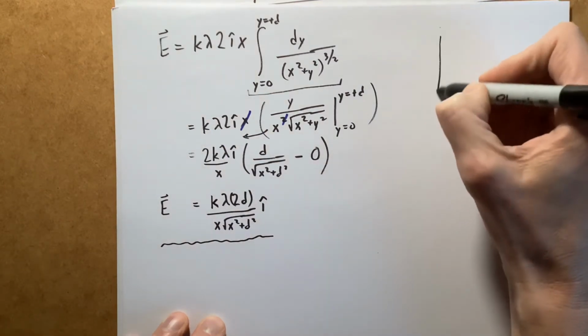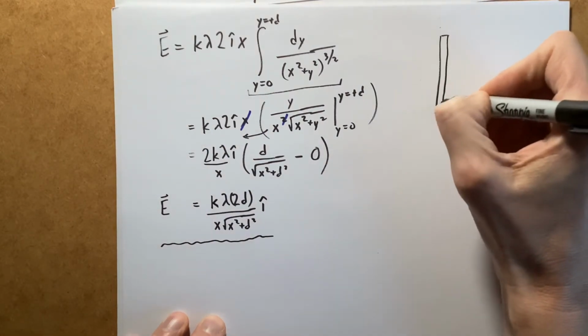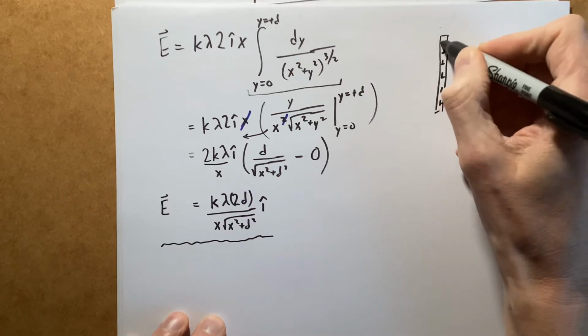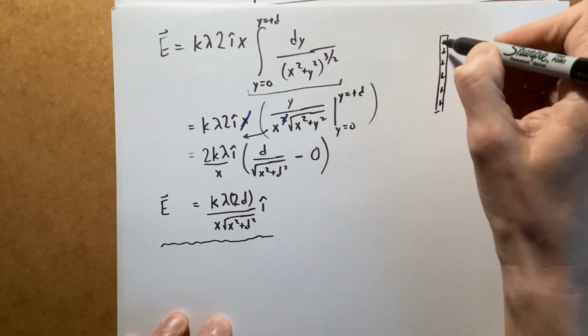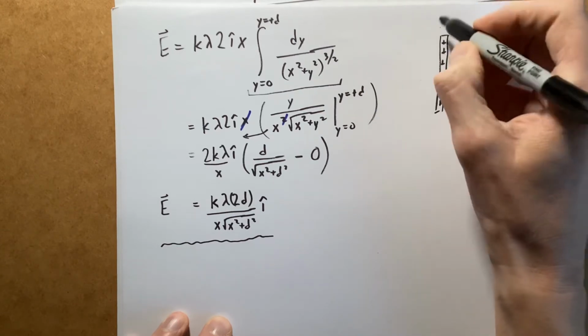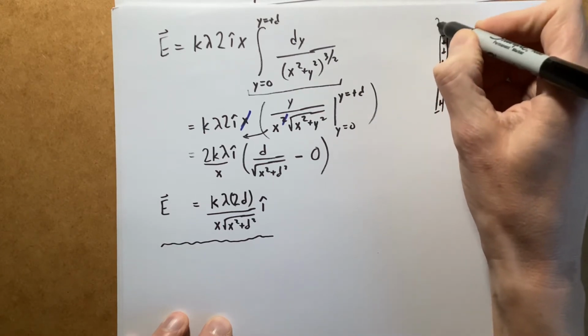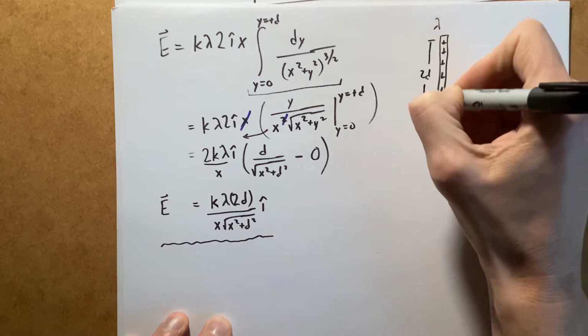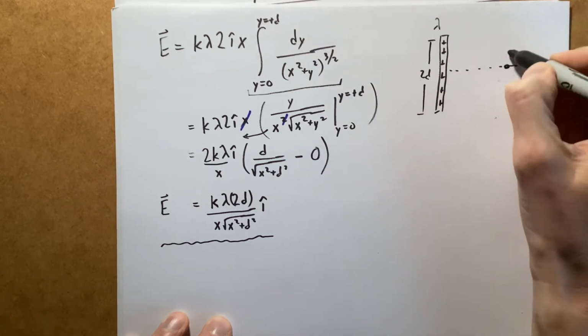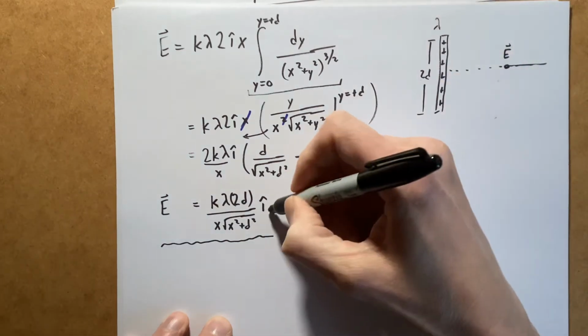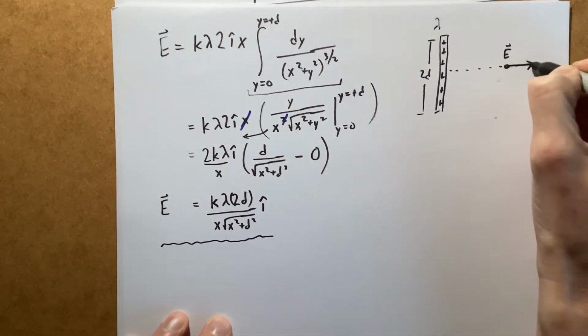Just to reiterate, what are we trying to find here for this line charge that has a uniform lambda, length 2d, on the perpendicular bisector? This is the electric field here. We know it has only an i-hat component. It looks like that.